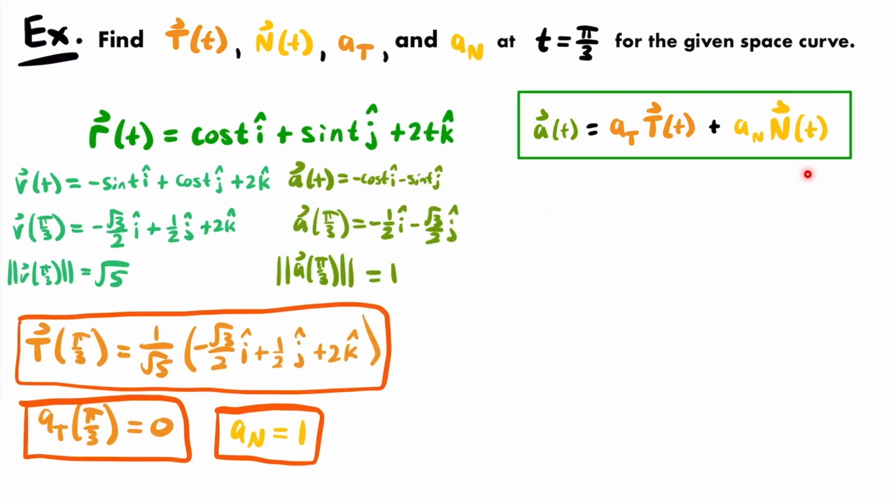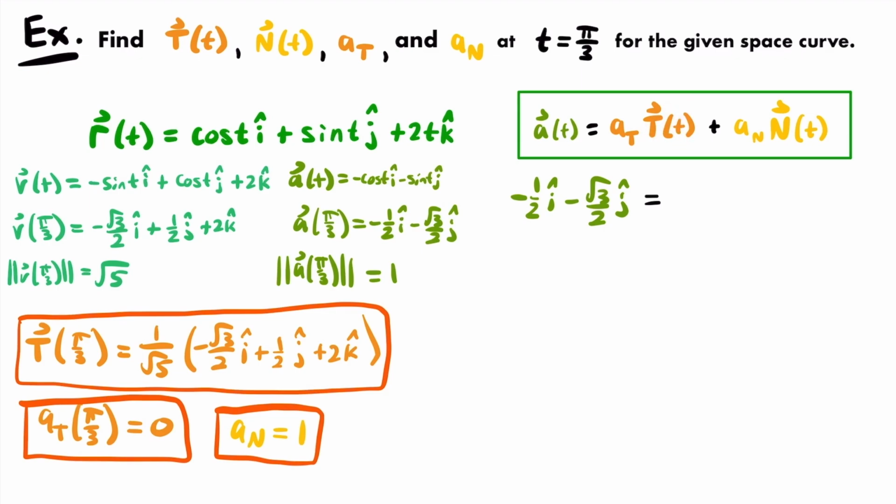If we set up this equation, we want to start with the acceleration vector. And remember, we are working at that value of t, pi divided by 3. So we're going to take this acceleration vector and set it equal to all of this. So we have negative 1/2 i minus the square root of 3 divided by 2 j. And that will be equal to a sub t, which is 0, multiplied by the unit tangent vector.